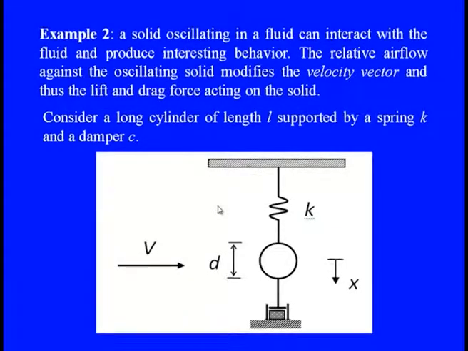Now if you are considering a long cylinder of length L, which is supported by a spring on one end and a damper on the other end, and the diameter of this solid is d, then we can find out how these forces act on it.